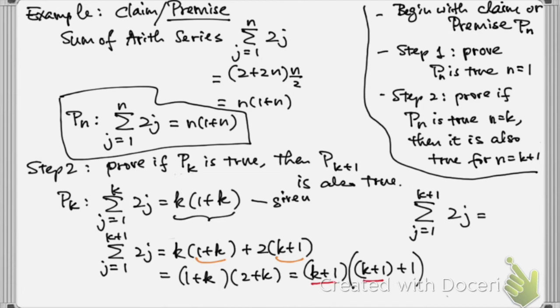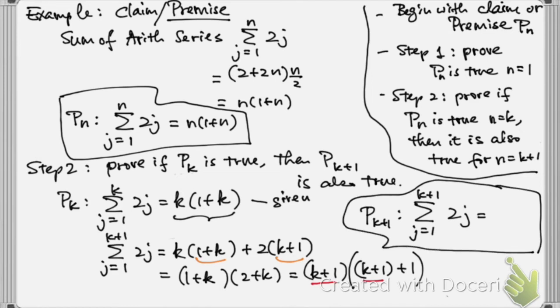And this fits exactly my premise k plus 1, because premise k plus 1 states that the summation of this series should be k plus 1 multiplied by k plus 1 plus 1. And these two match.